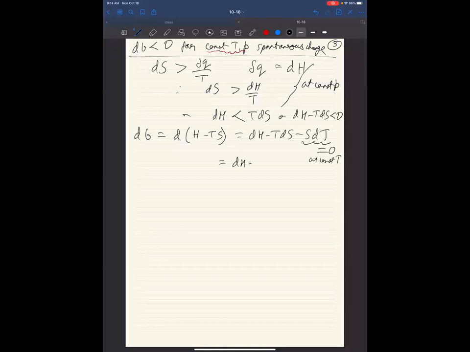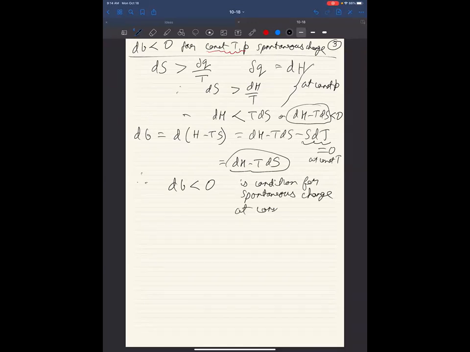So this is equal to dh minus tds. Therefore, now you can see we got the same thing over here. dg negative is the condition for spontaneous change at constant temperature and pressure.